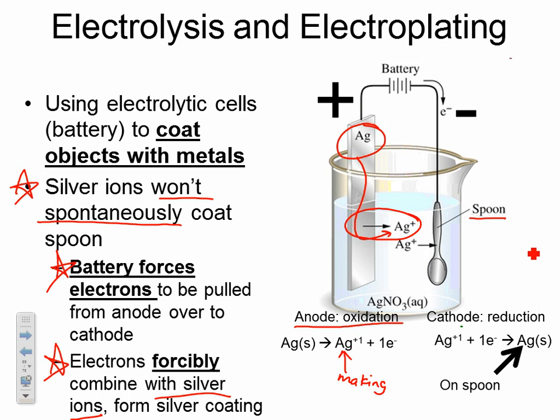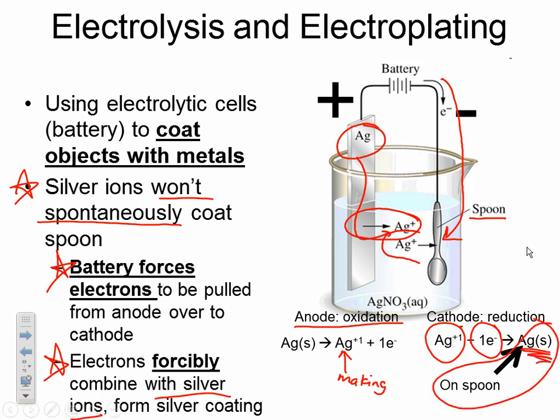So that silver ion in solution, now, when the electrons come in, when they're pushed in from the battery, they're going to combine, right? This electron is going to combine with the silver ion in solution to create solid silver. And this is what's on the outside of the spoon. So that's plating the spoon with that silver metal.